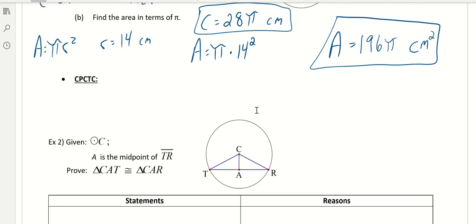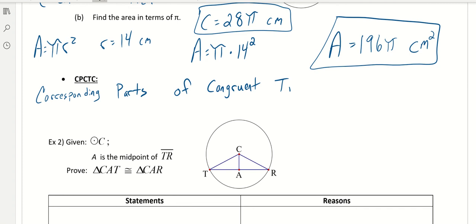All right, this next part looks more confusing than it actually is. CPCTC: corresponding parts of congruent triangles are congruent.